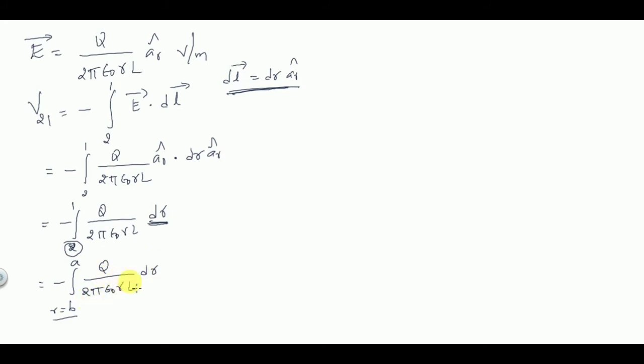All the terms except r in Q by 2 pi epsilon naught r L are constant, so you can write them outside. So V21 is given by minus Q by 2 pi epsilon naught L times the integral from b to a of 1 by r dr. Integration of 1 by x is log x.